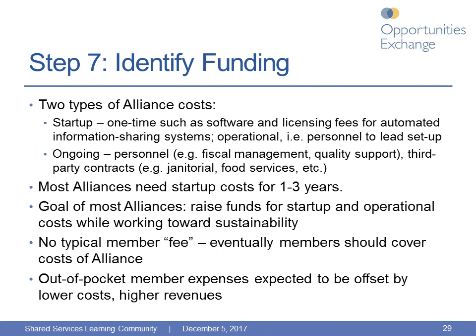And then there are ongoing costs, which might include personnel. It might include third-party contracts like joint janitorial or food service. Most alliances need startup costs for 1 to 3 years, but the goal is usually to raise funds both for startup and for ongoing costs while at the same time working towards sustainability.